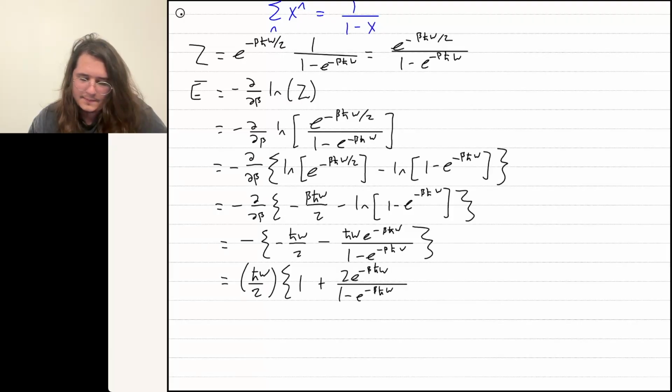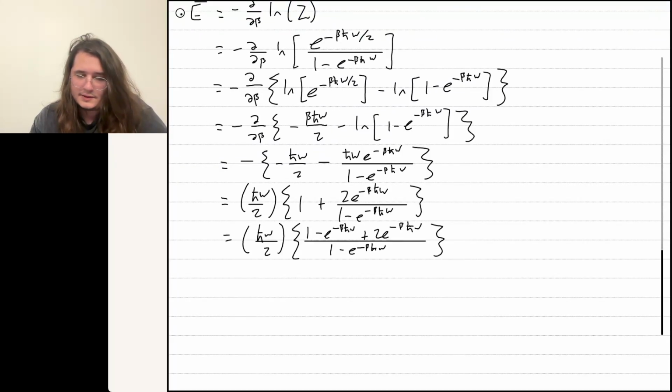Let's give both of these the same denominator. So just multiplying this guy by 1 minus e to the minus beta h bar omega plus 2 e to the minus beta h bar omega all over 1 minus e to the minus beta h bar omega.